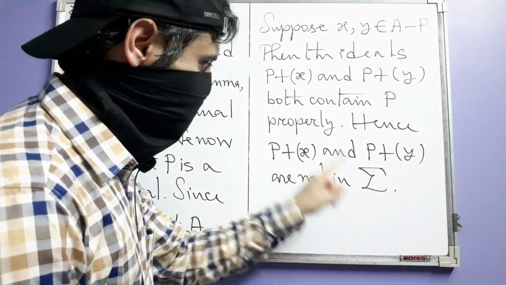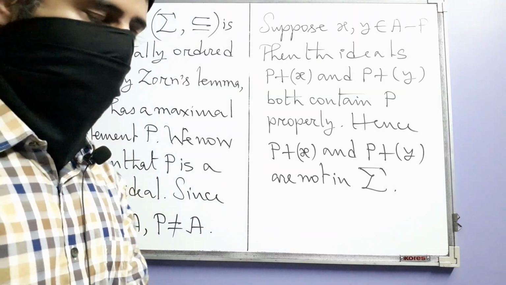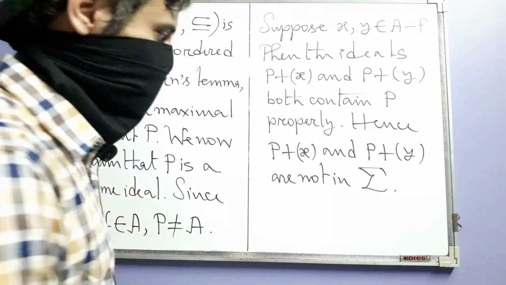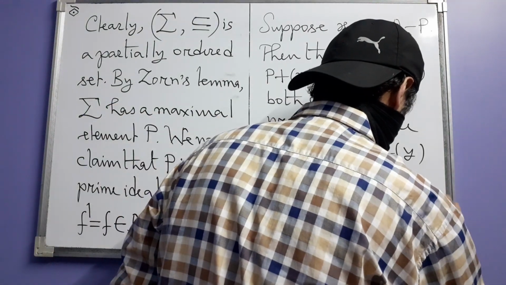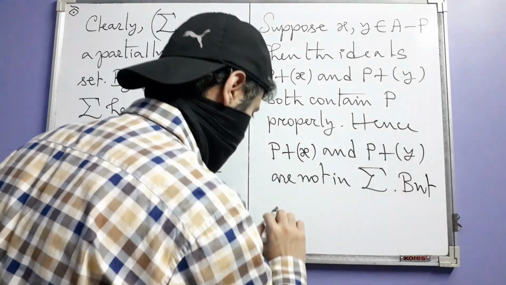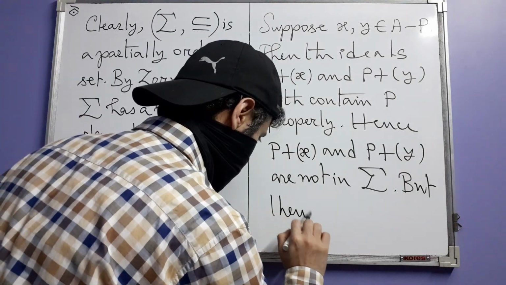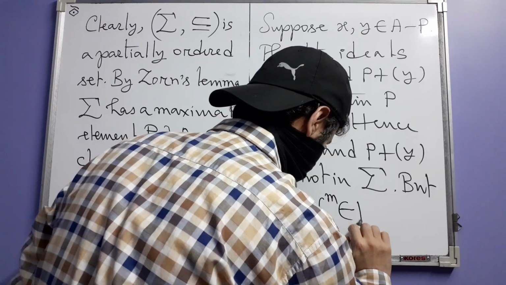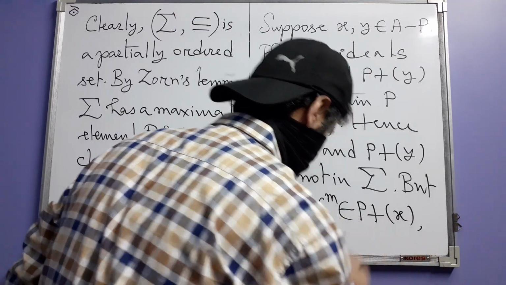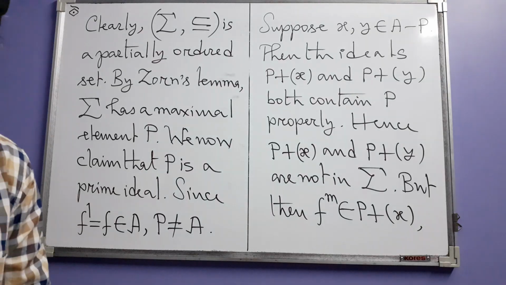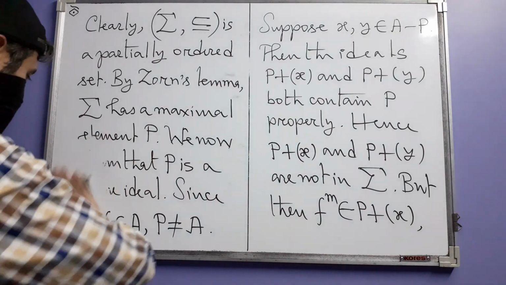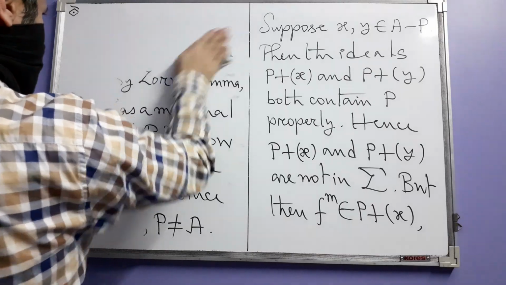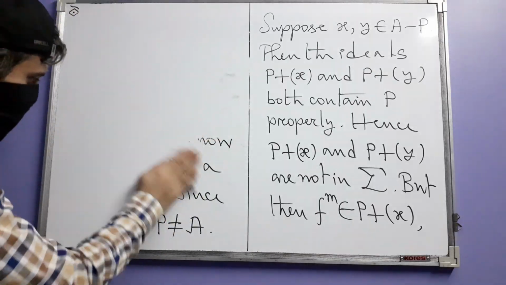This ideal, for example, is not in sigma, which means that it must contain at least one positive integral power of f. Similarly, that one. But then some f to the power m has to belong to P plus X and similarly some possibly different integral power of f belongs to P plus Y.